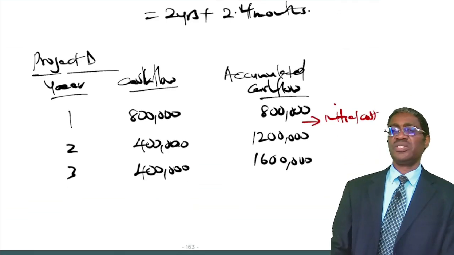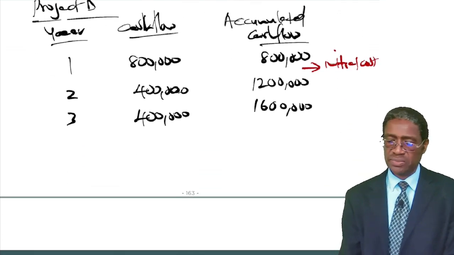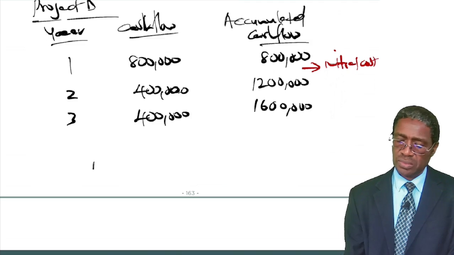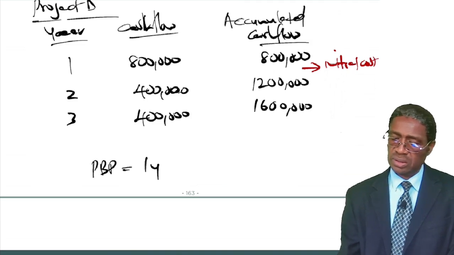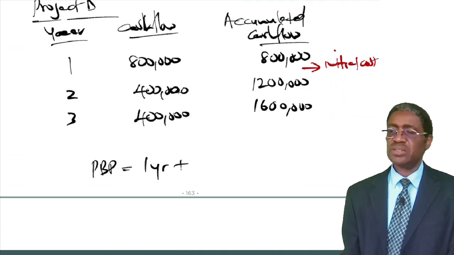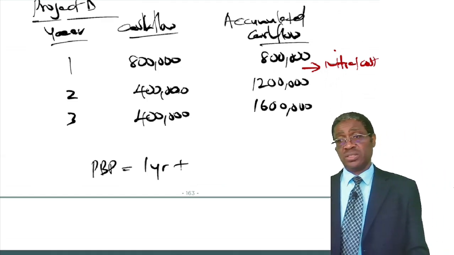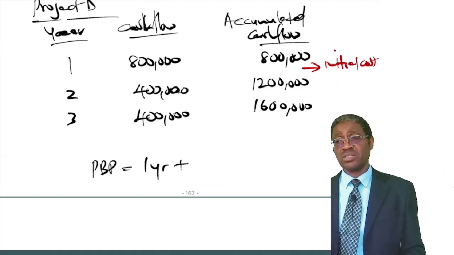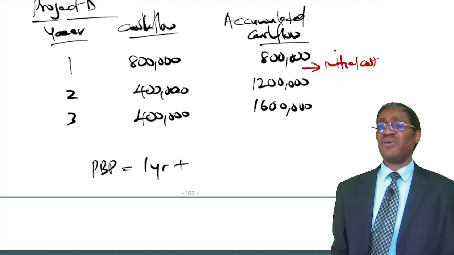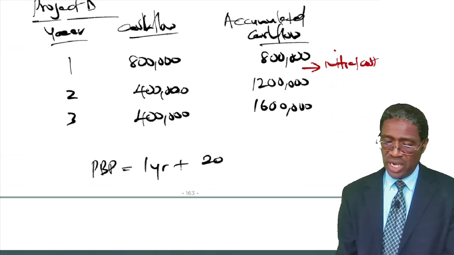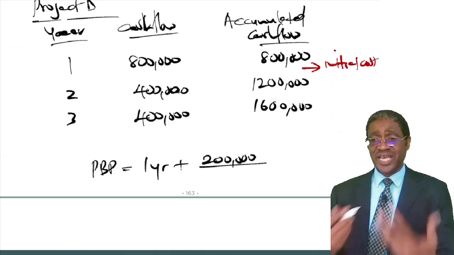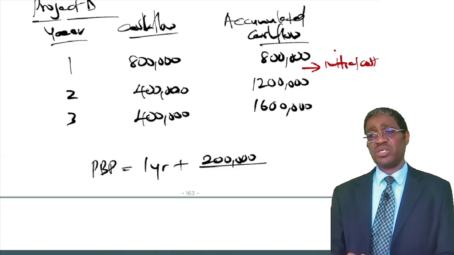Good. Let's compute the payback period. It will be 1 year plus the balance. I need to recover $1 million. By end of year 1, I've only recovered 800. I need another 200. I add that balance of 200. Then I ask myself, in the second year, we shall recover how much? 400.